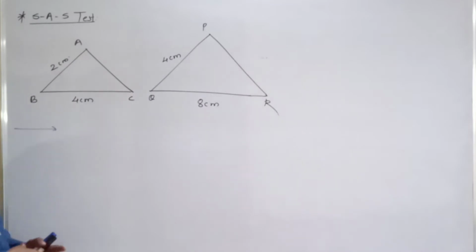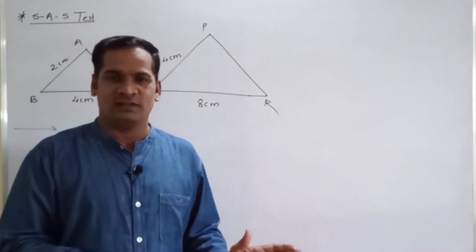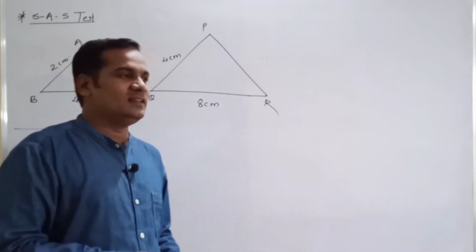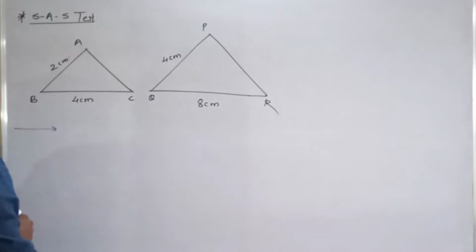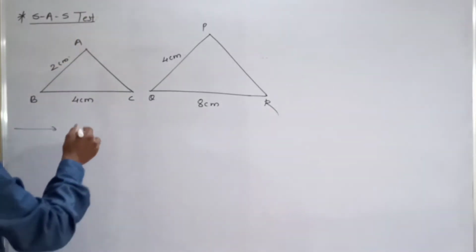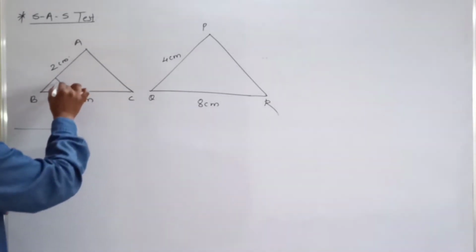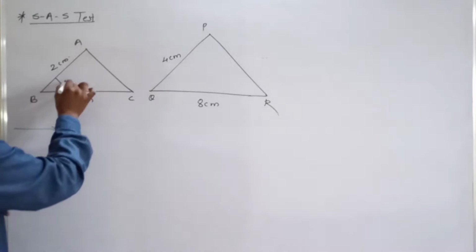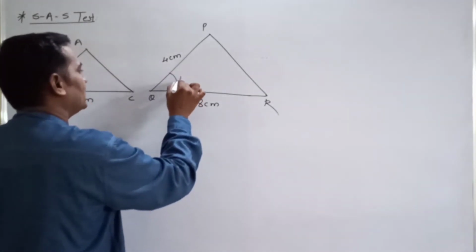As we know, if two triangles are similar, then corresponding angles are congruent. Let's check whether these two triangles are similar by the side angle side test. Look at this angle B, suppose it is 40 degree, and angle Q is also 40 degree.